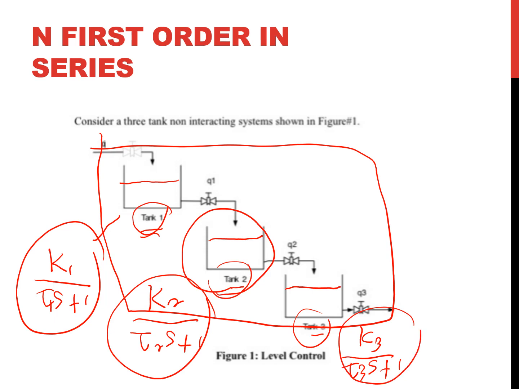If you do the multiplication, you will have tau 1 s, tau 2 s, tau 3 s. So it becomes s to the power of 3. So you have the third order system. Usually this third order system is identified as a higher order system.